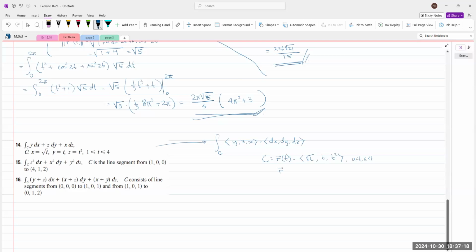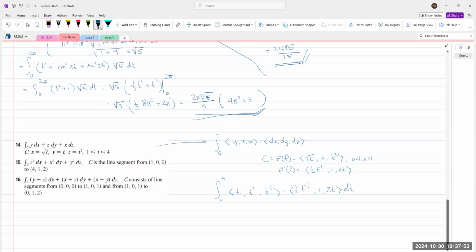So r prime of t will be 1/2 t to the negative 1/2, 1, 2t. Now our integral will be from 0 to 4. The y will be t, the z will be t squared, the x will be t to the 1/2, dot 1/2 t to the negative 1/2, 1, 2t, dt.